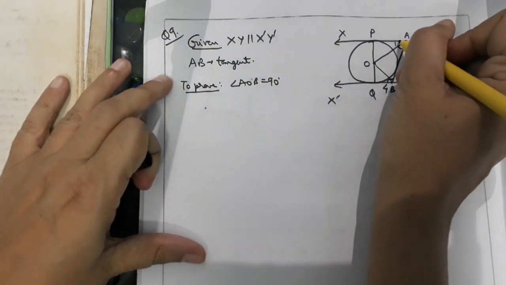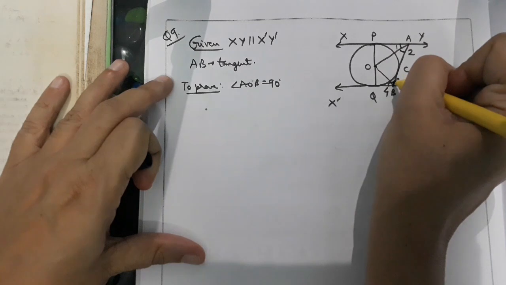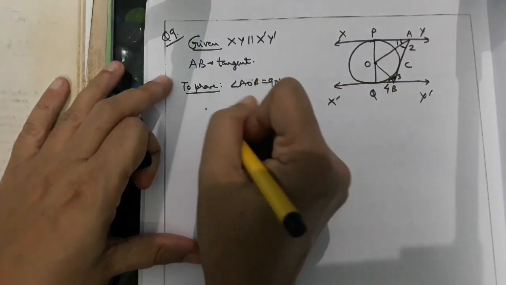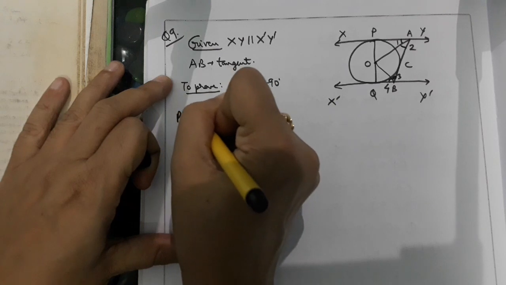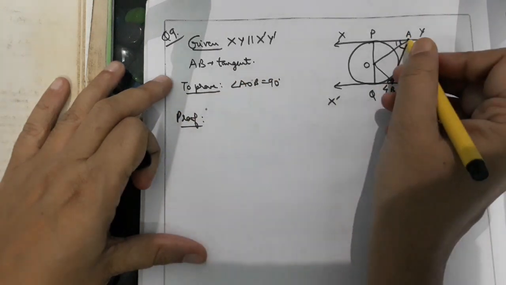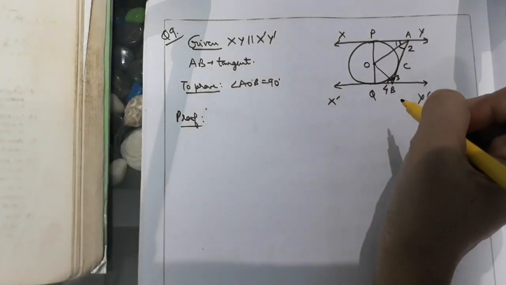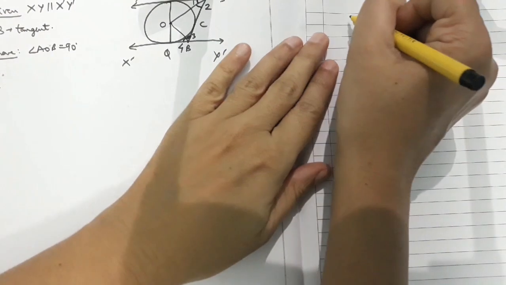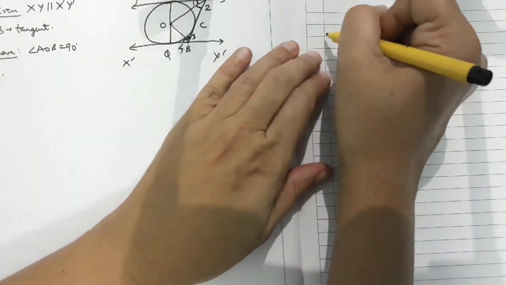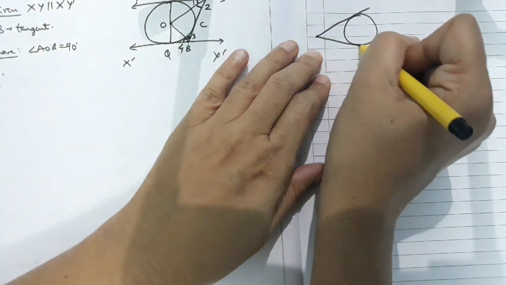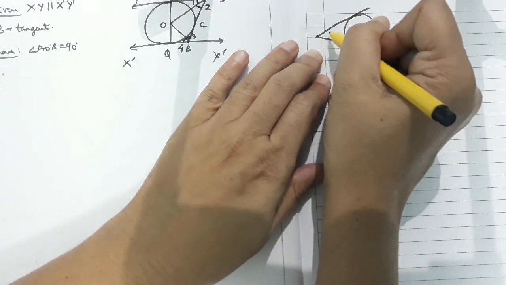So we take this angle to be angle 1, this is angle 2, this is angle 3, and this is angle 4. So we know that the center lies on the bisector of the angle between the tangents. When we had proved that the lengths of tangents drawn from an external point to a circle are equal, in the corollary we have discussed this.